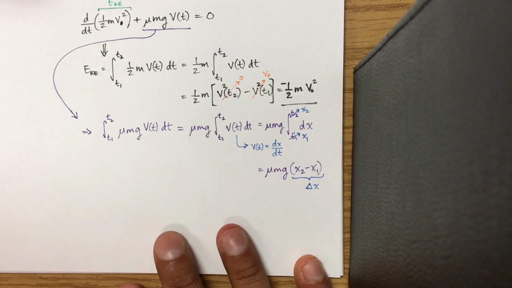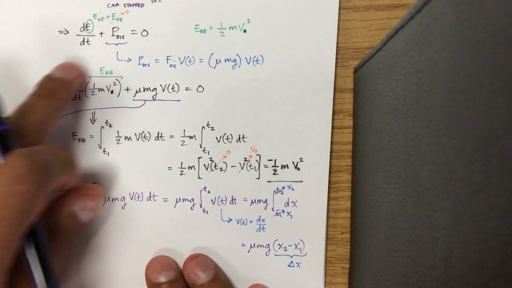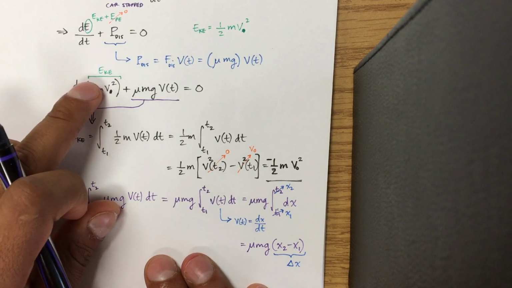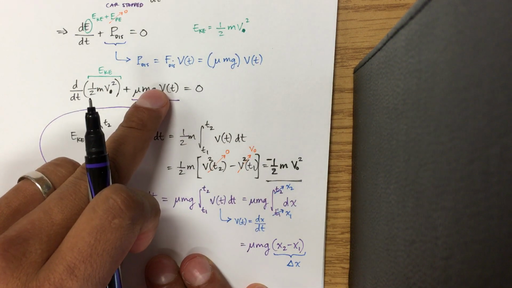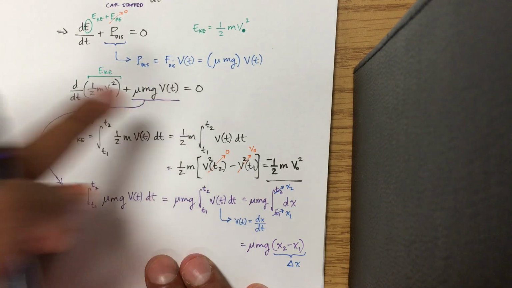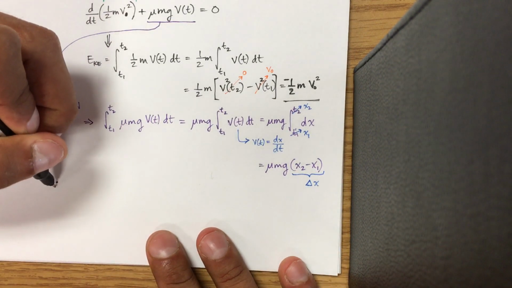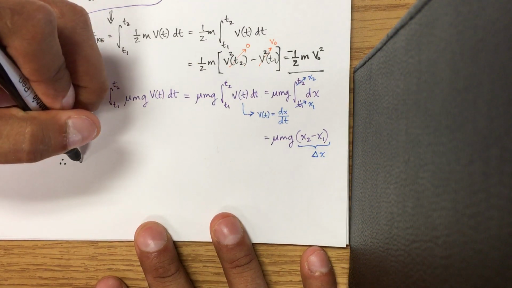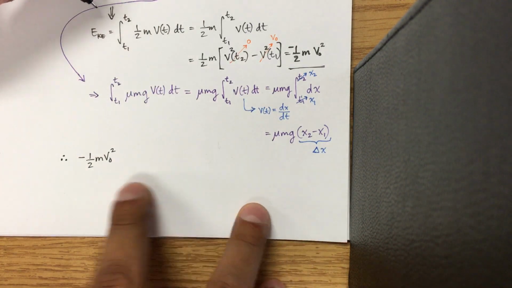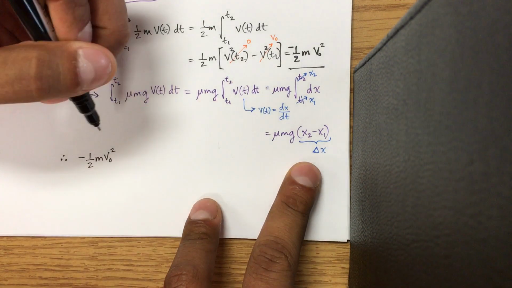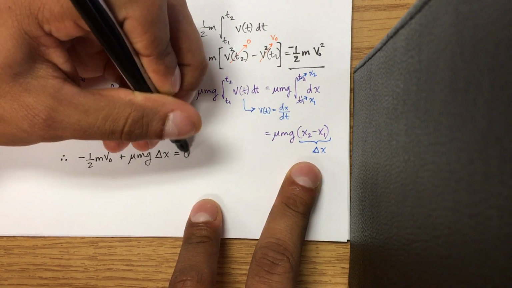Let me summarize: we had this derivative term that I integrated, got negative 1/2 m v naught squared. That's the first term. The second term is plus mu mg delta x equal to 0.